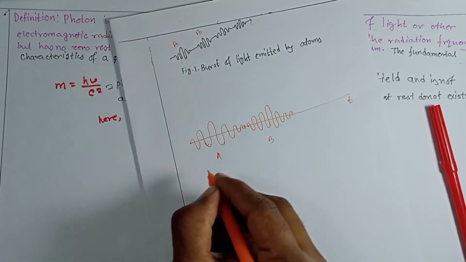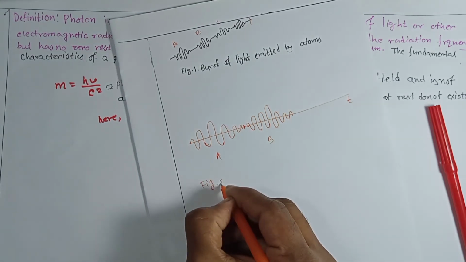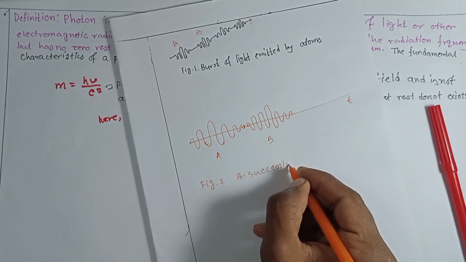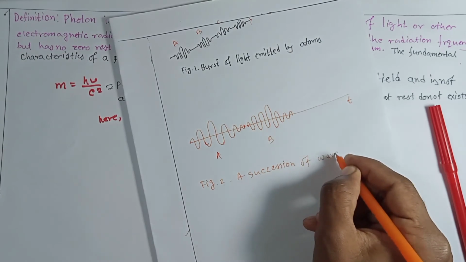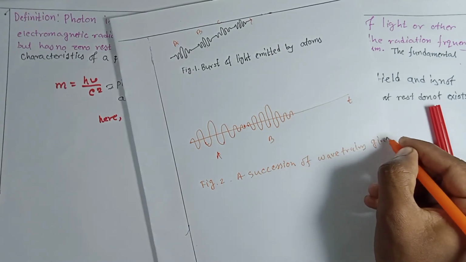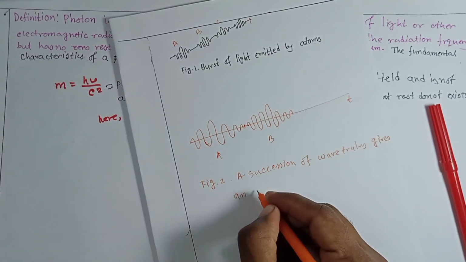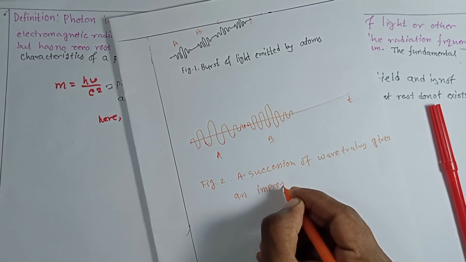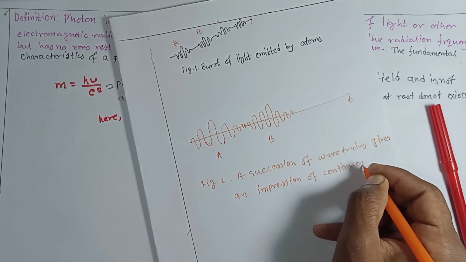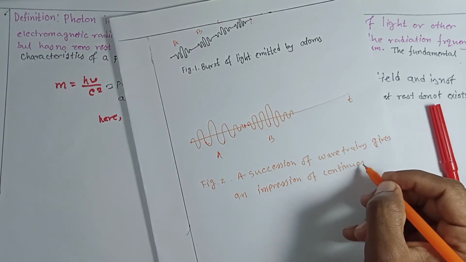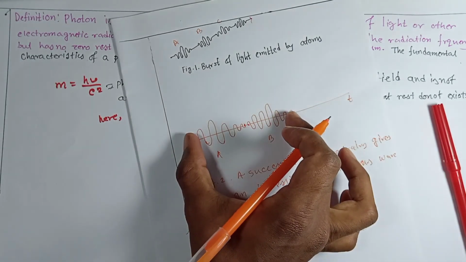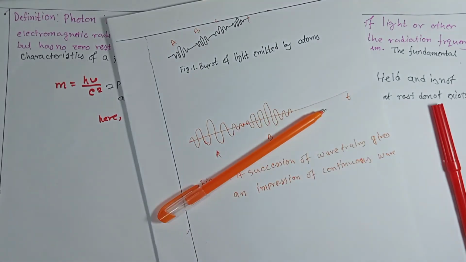So we can say that in figure 2, a succession of wave trains gives an impression of a continuous wave. This gives us a continuous wave.